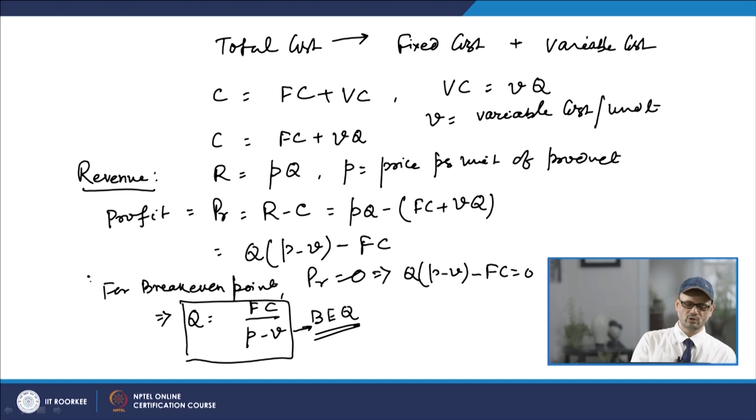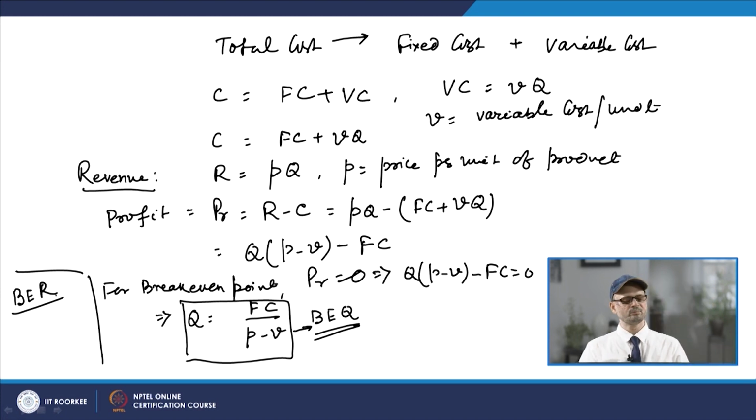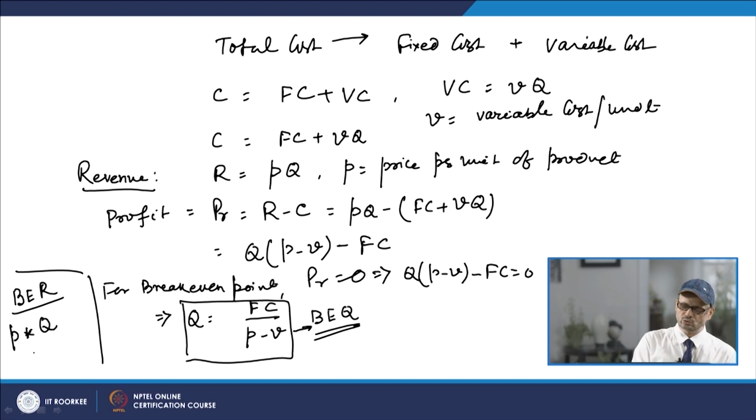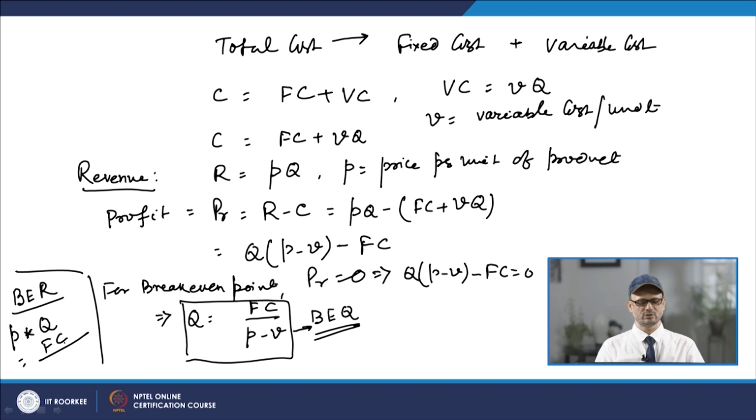So, if you go for the BER, that is break even revenue, this is the quantity and the rate is P. So, break even revenue will be P multiplied by Q. So, that will be FC multiplied by 1 minus V by P. So, break even revenue is that amount which is generated at the break even point.